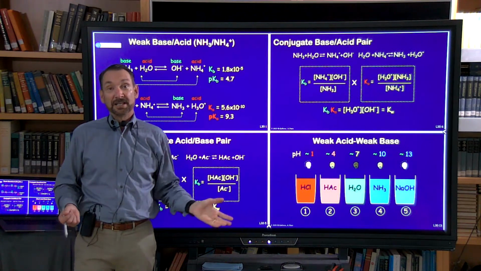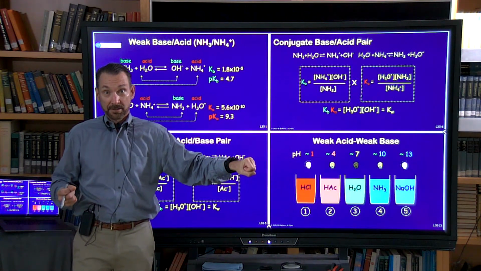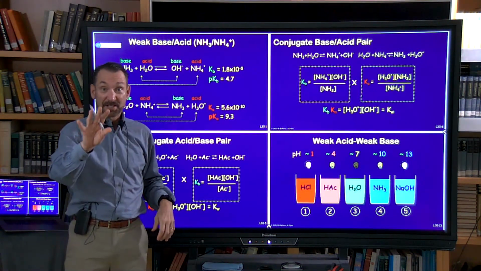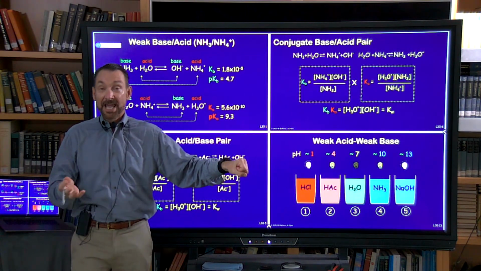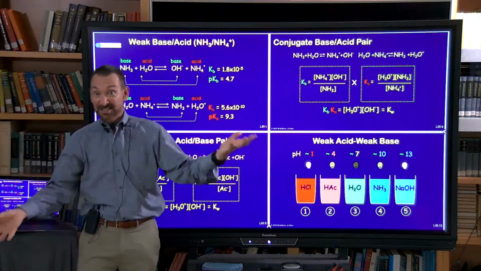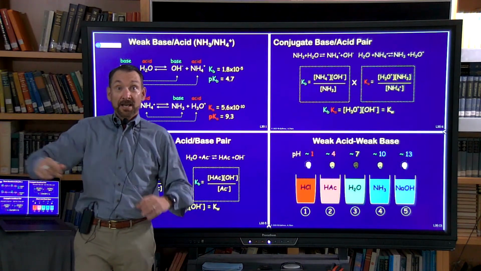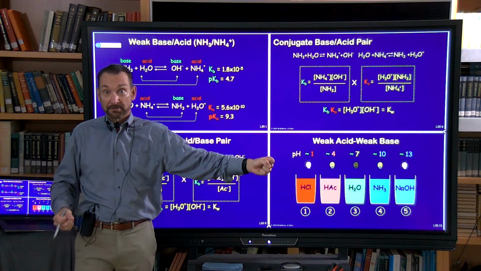If delta G is not negative, if that's not a spontaneous reaction, then that's a weak acid. But remember, not spontaneous does not mean does not happen. Not spontaneous just means K is less than 1. So our cutoff for weak and strong acids is K bigger than 1. That's a strong acid, and we assume it totally dissociates. All of the protons come off.